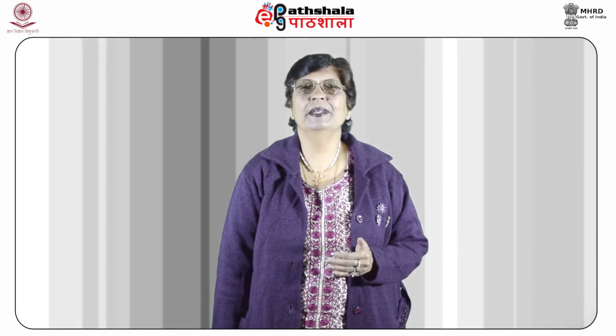Idle time variance is equal to idle hours into standard rate, or ITV is equal to IH into SR. 6. Labor mix variance is equal to revised standard hours minus actual hours into standard rate per hour. In short, LMV is equal to RSH minus AH into SR.